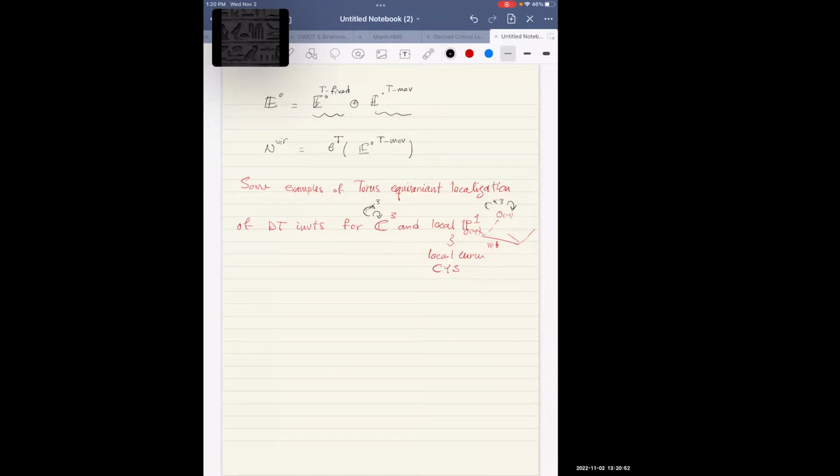So let us see how to compute C star cubed fixed sheaves on these spaces.